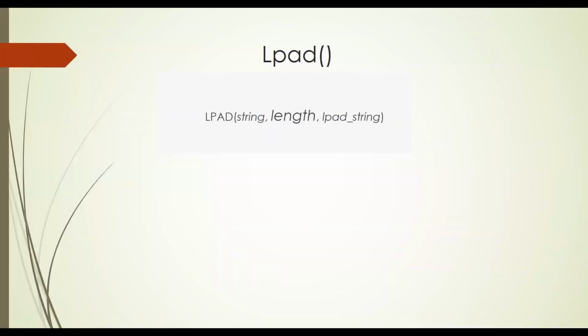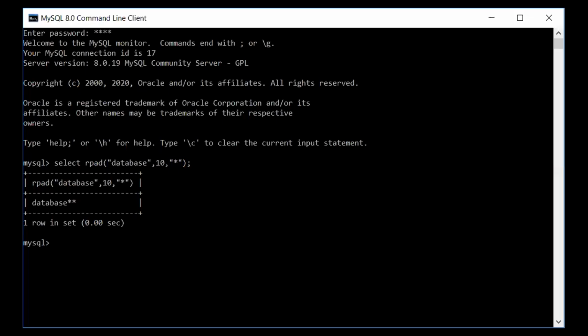Same as rpad, we have lpad as well, to left pad a string with another string. The syntax of lpad is, three parameters are required in this. The first one is string, the second is length, and the third one is lpad string. We can check here. Select lpad.